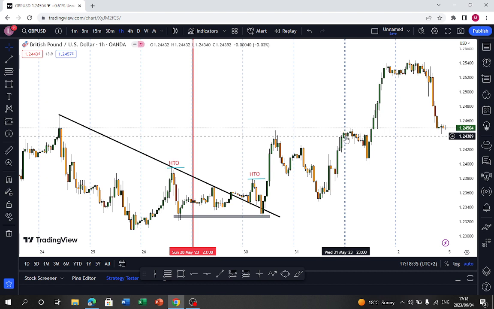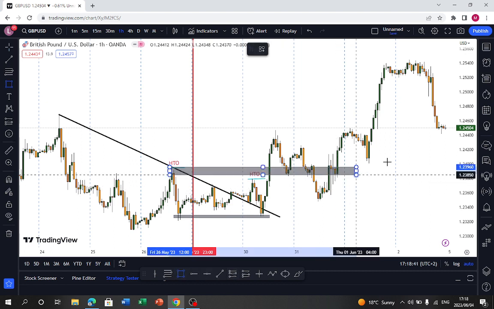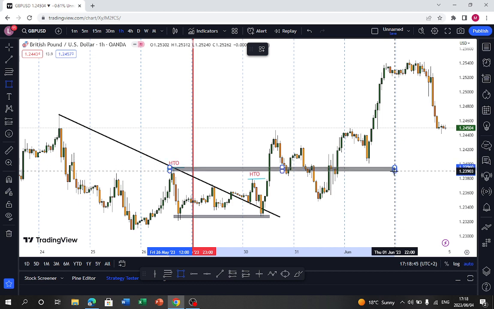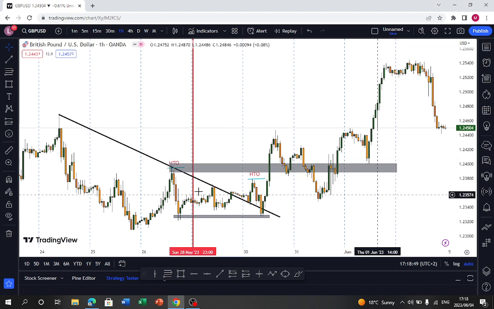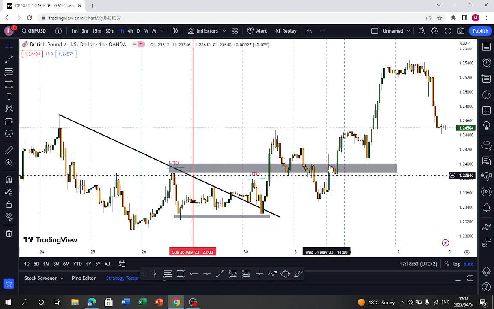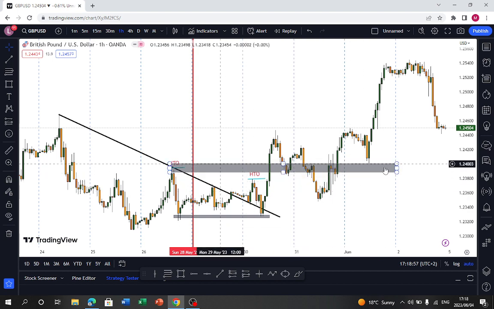Then on Thursday we drew this support. We had this area tested here, and here, so this is a very sensitive area, right?